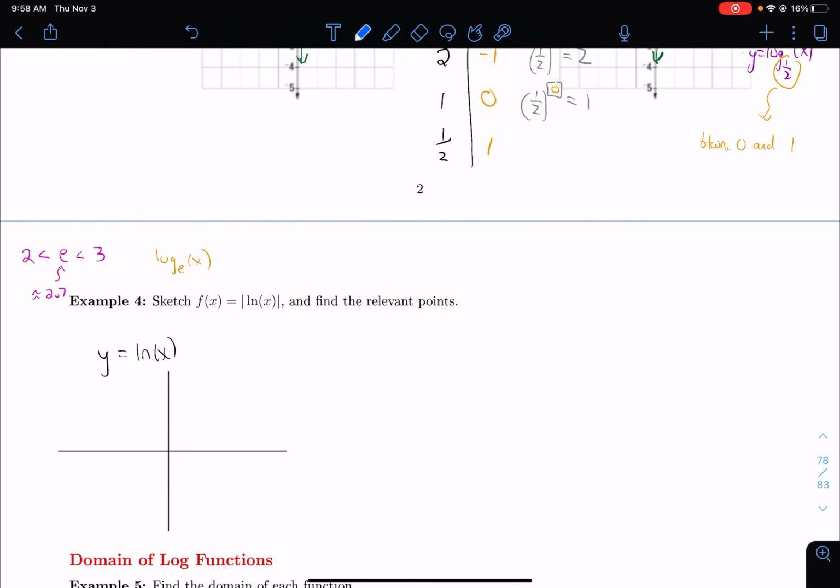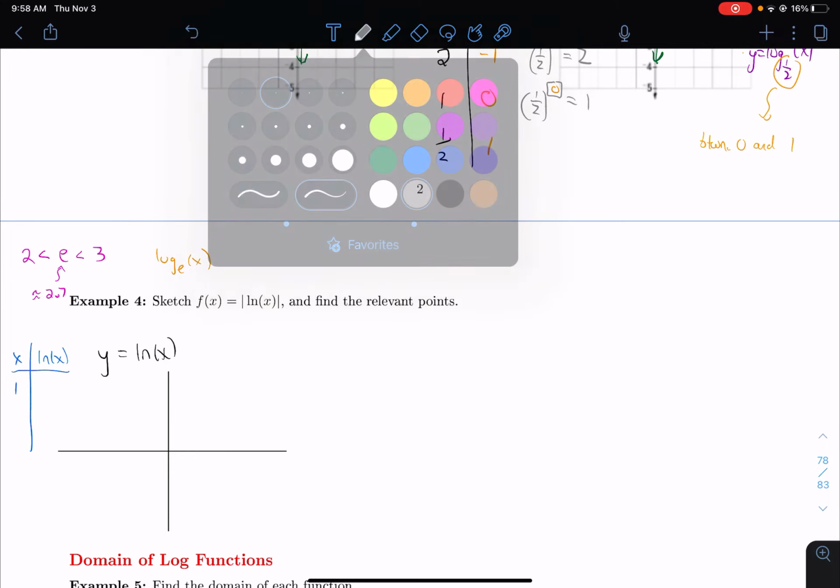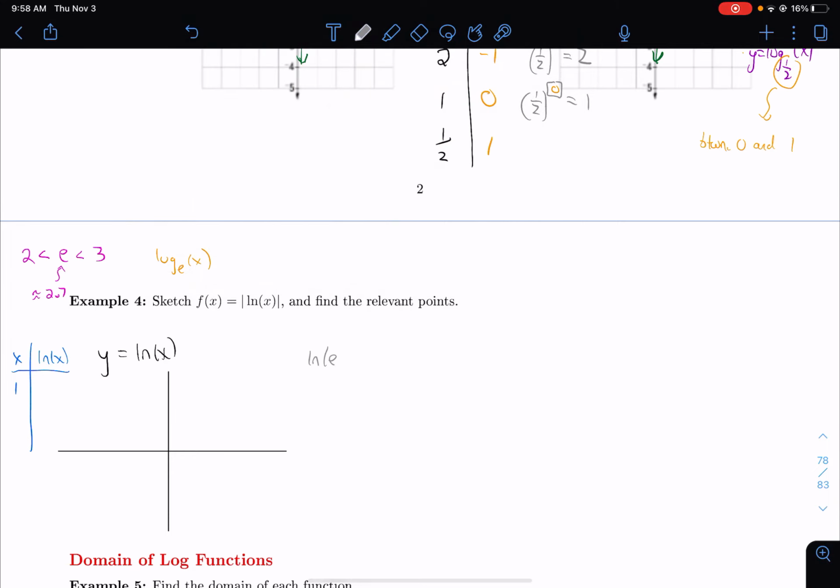In fact, if I plot a couple of points to help me here, I'll keep track of x and ln of x. I'm going to plot 1. Oh, sorry, I made a mistake. It's not ln of e. I'm not plugging in e here.